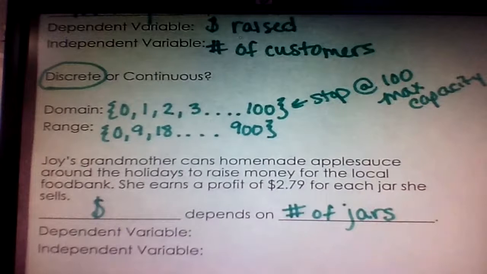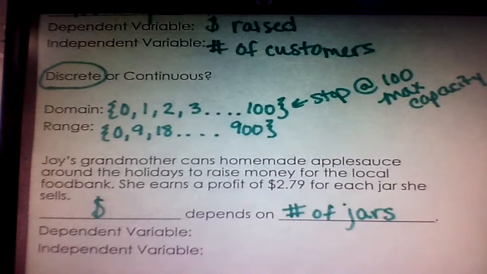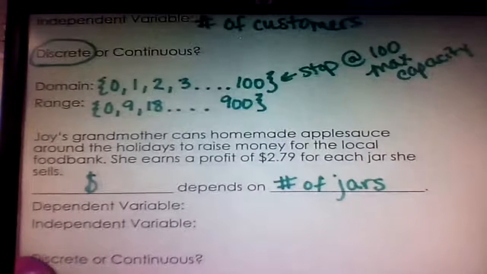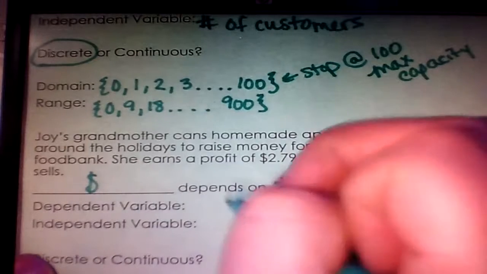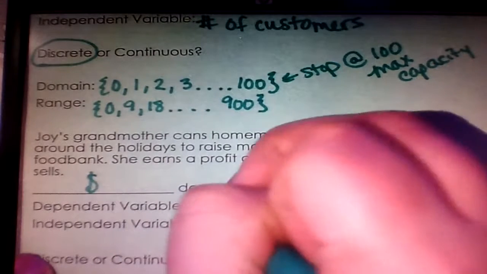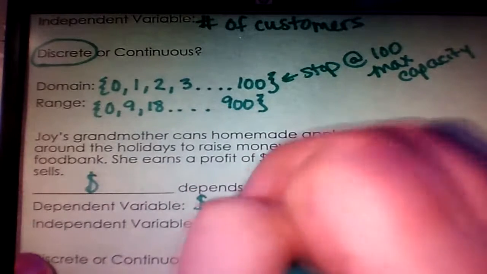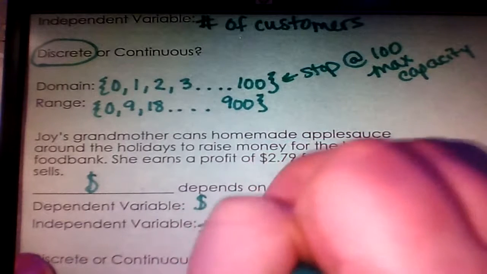I've got to sell jars to make money. Normally, when you're dealing with money, money is usually your dependent variable. So if money depends on the number of jars, that means money is my dependent and my independent is my number of jars.